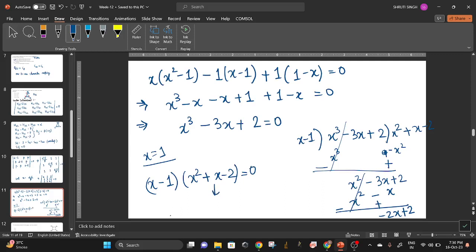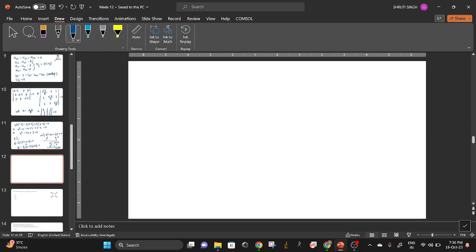Then on simplifying this, it will be x minus 1. This also will break into x minus 1, x plus 2 equal to 0. Okay, so the values of x we got are 1, 1, minus 2. X was equals to alpha minus E by beta.